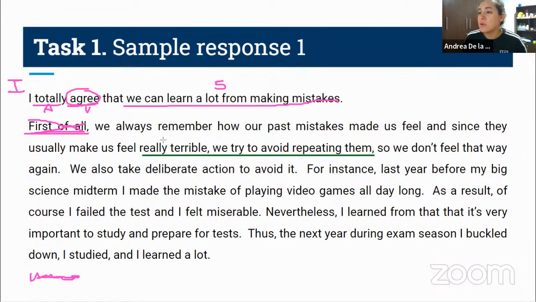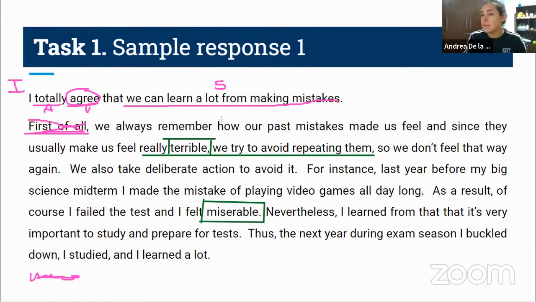And I also want you guys to look at the vocabulary. Look at how he has different adjectives. Terrible, miserable. One way of quickly expanding your vocabulary is by learning a few synonyms for the most common adjectives. So try not to say good, bad, important, ugly, pretty, happy, sad. Okay, try to study synonyms for those words.